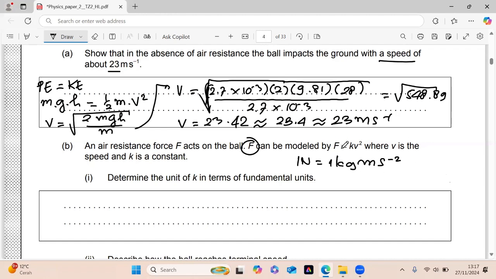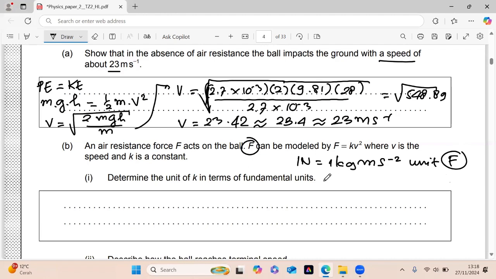Kilogram is the unit of mass, and m is the unit of length, a meter, and the unit of time is second. So this is the unit of force, the unit of F. Next, the unit of velocity.